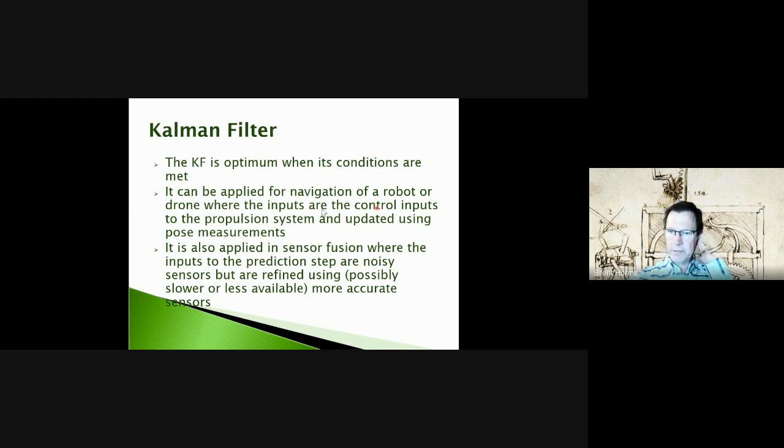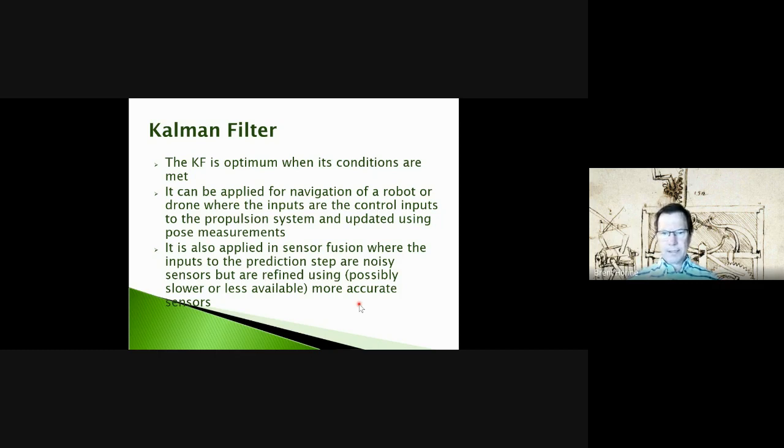So we can have these control inputs, and then measurements, and now we can continually optimize our navigation, right? We might find that, oh, we've put in too much steering input and we need to back that off, right? So that can automatically be done in an optimal way. It's also used in sensor fusion, which is really what motivated our treatment of it here, right?